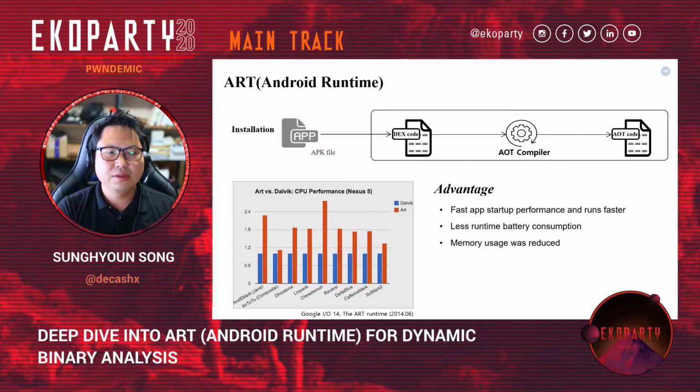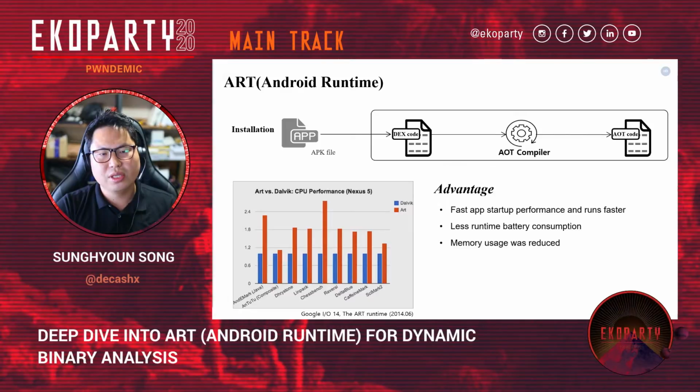Another difference between the old Dalvik virtual machine and ART was the performance. As all the execution code of the app ran as native code, the startup speed was improved compared to bytecode. In addition, every time you ran the app, it didn't use the interpreter but called the native code, which resulted in reduced battery consumption.